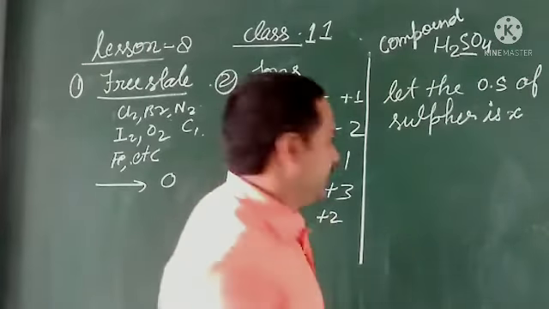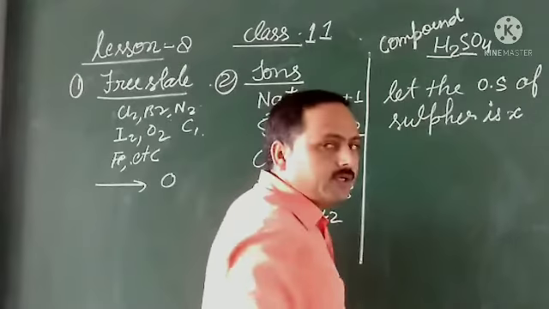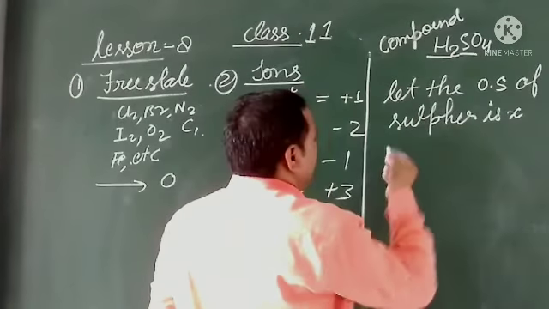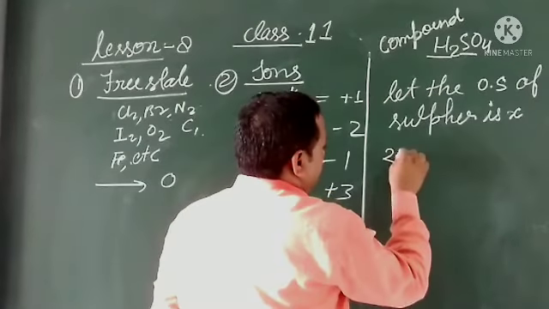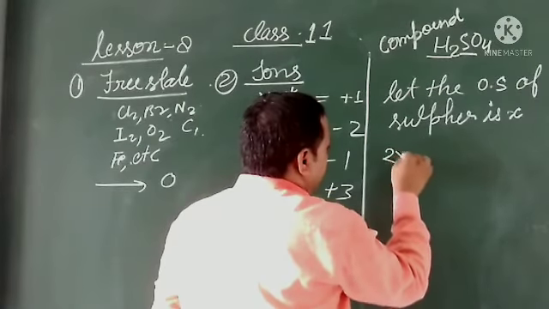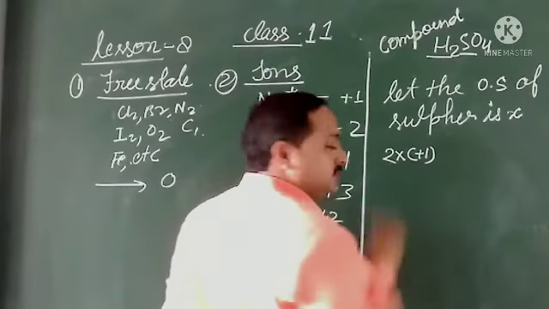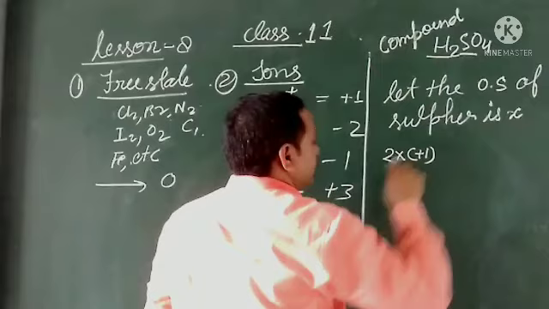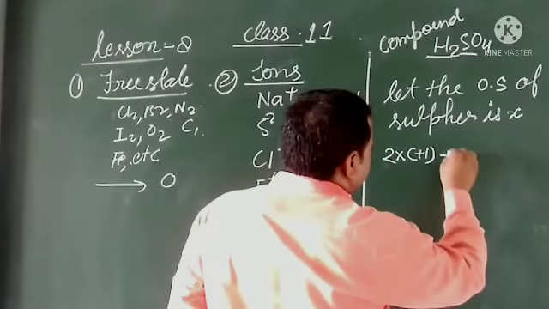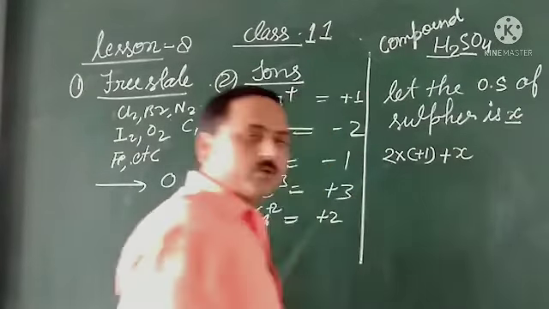Okay, let us see here. I have told you the oxidation state of hydrogen is plus 1, and how many atoms are there? 2. First we will write the number of atoms, and then in brackets we will write the oxidation state. Is this clear? Hydrogen 2, and oxidation state of hydrogen is plus 1. Sulfur, we assume that is X. I wrote here.